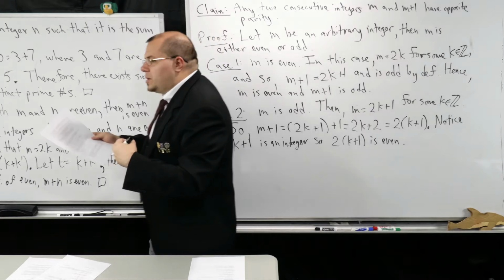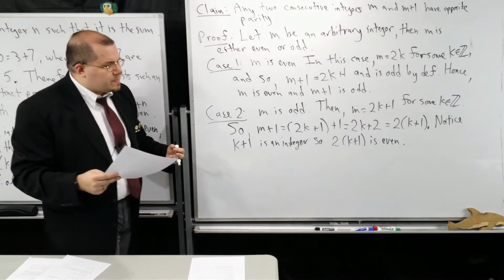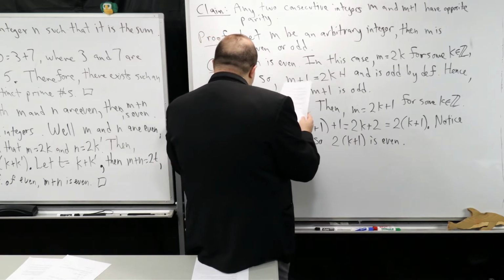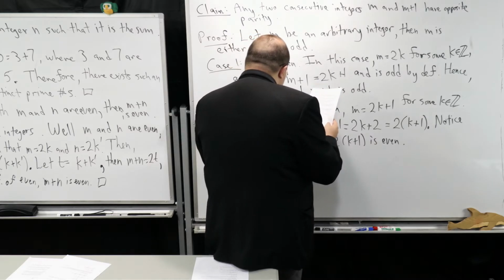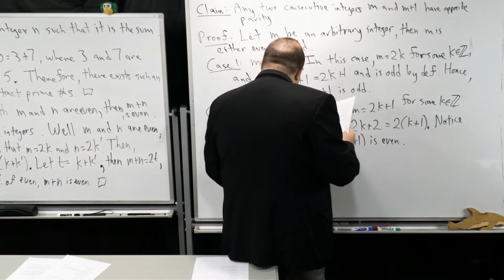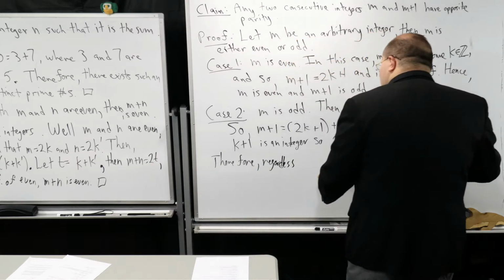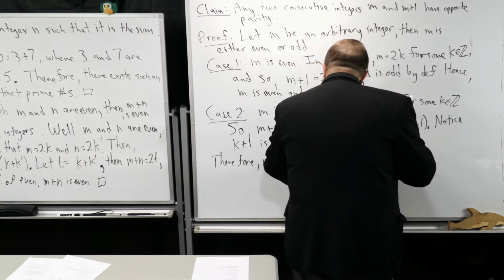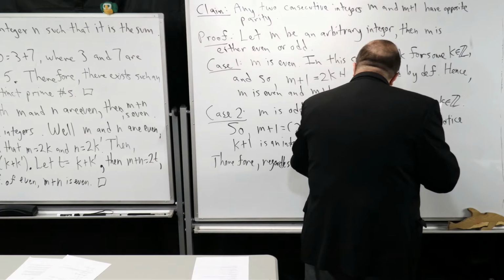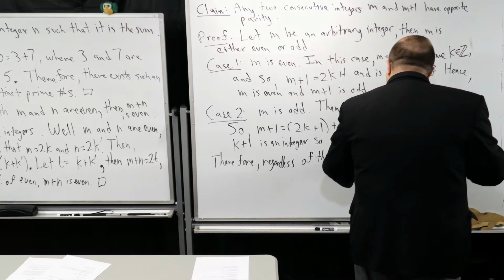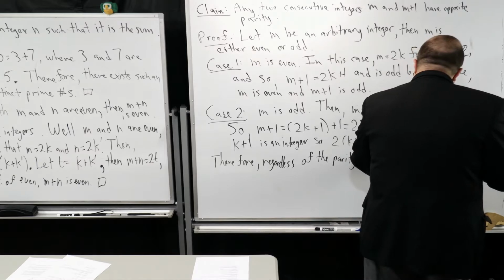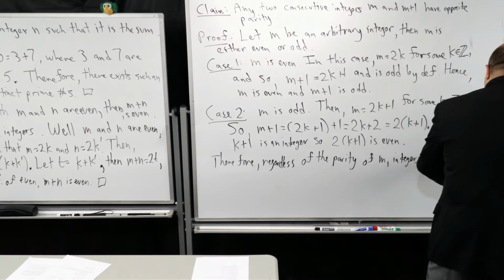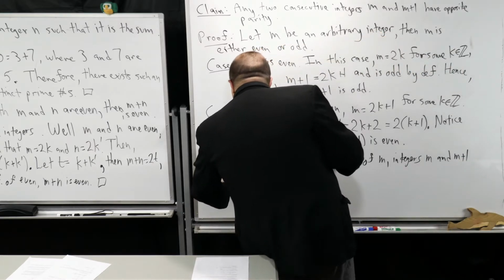And now we need to conclude our statement here. So now we've considered the two cases. Therefore, regardless of the parity of m, integers m and m plus 1 have opposite parity.